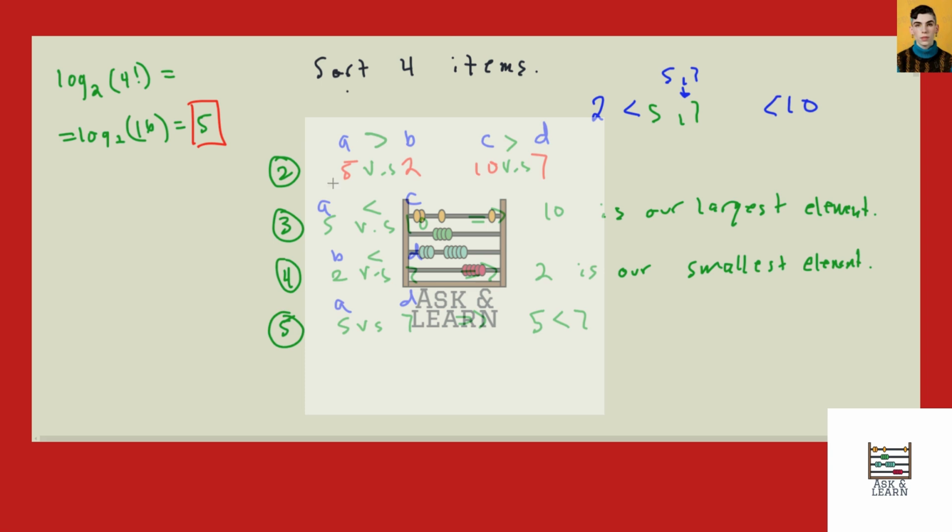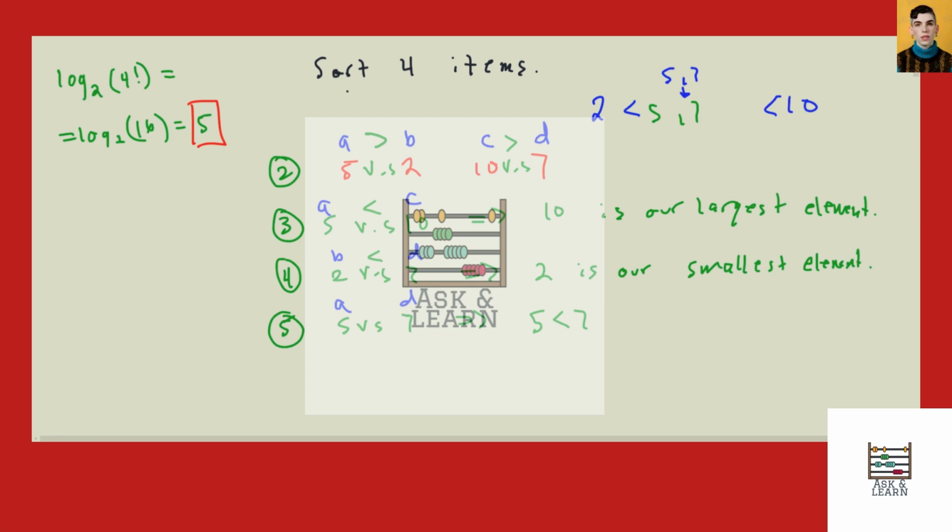There's not an issue with us moving these around, because you could always say, okay, we compare 5 and 2, now let the largest one just be A. So that won't be an issue. And now we have a nice outline of how to do this. We group them together and compare, then we take the 2 largest elements and compare those, take the 2 smallest elements and compare those, and then we take the non-largest element and compare it with the non-smallest element.